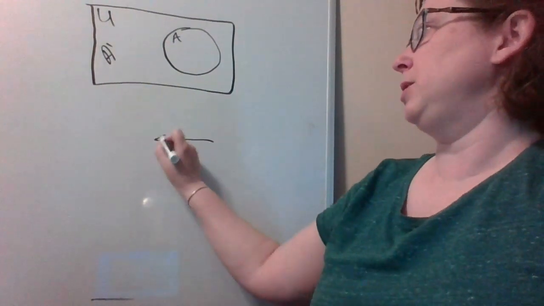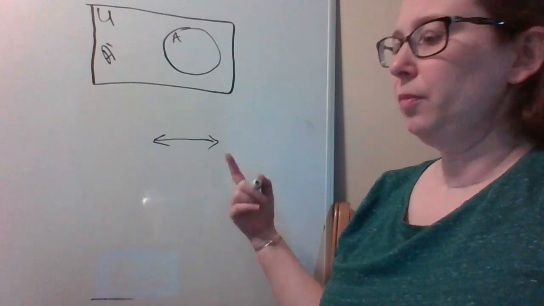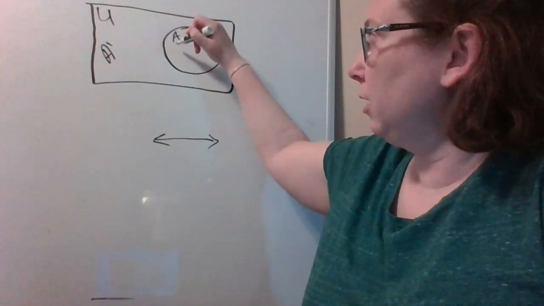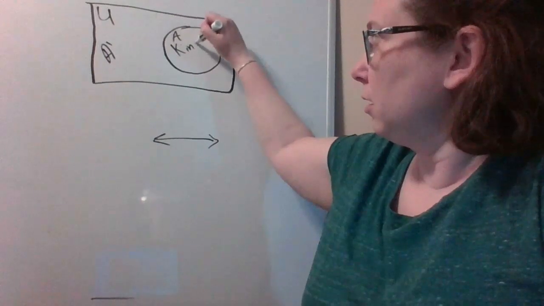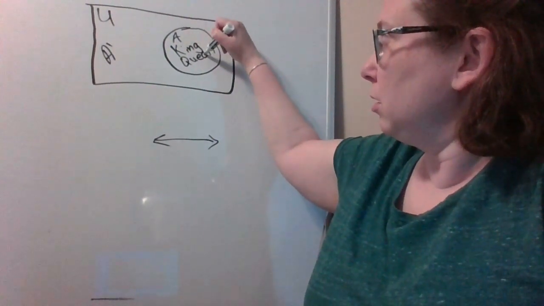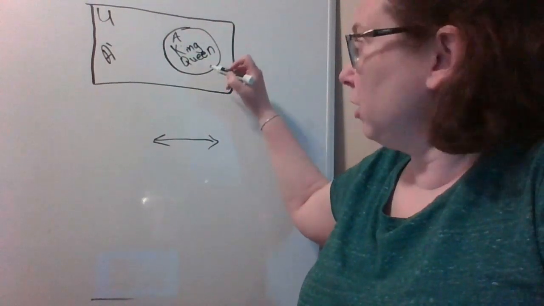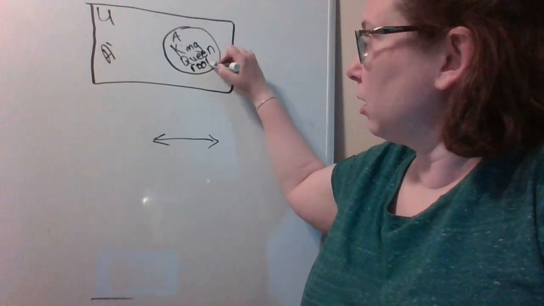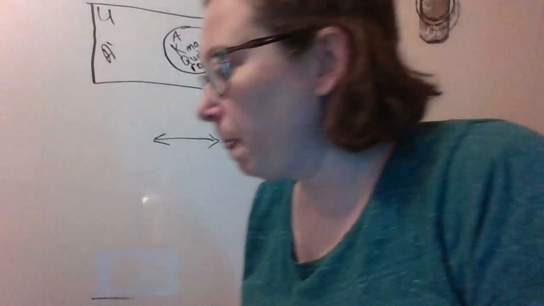So which chess pieces can do this? That would be your king, your queen, and your rook can all move side to side.